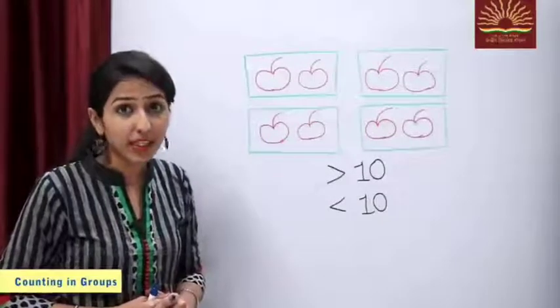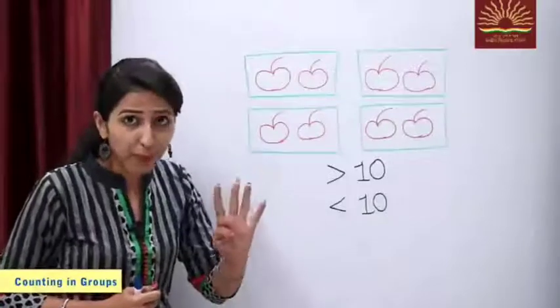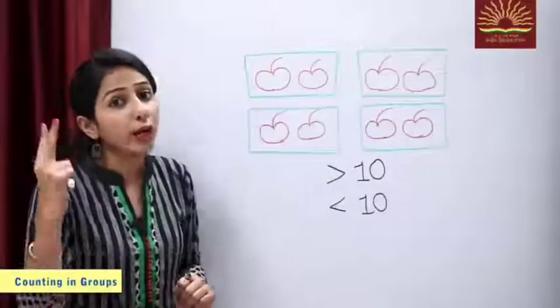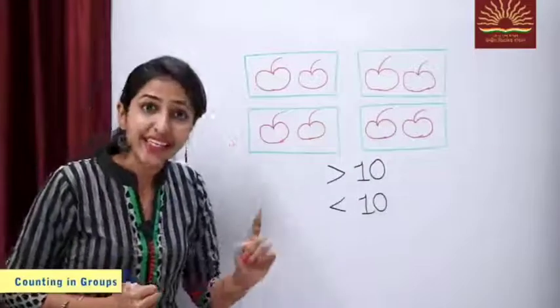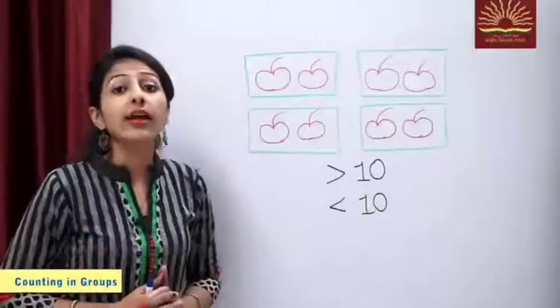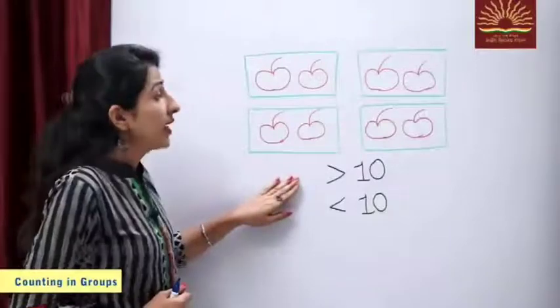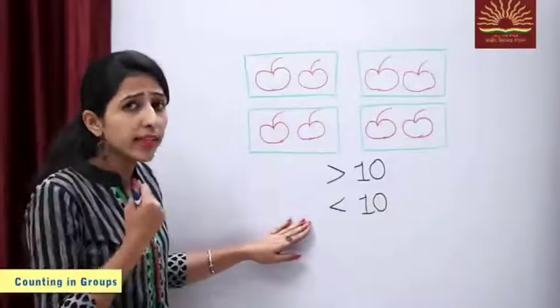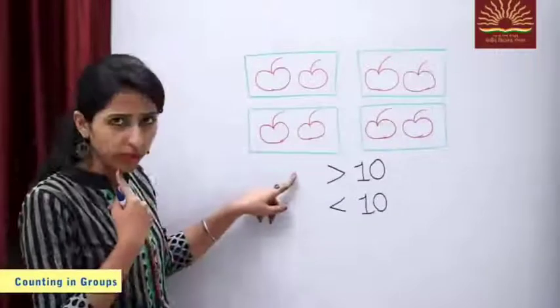So tell me students, there are how many total apples? 4 pairs containing 2 apples each. That is equal to 8. So there are total 8 apples. Tell me students, 8 is more than 10 or less than 10? 8 more than 10?